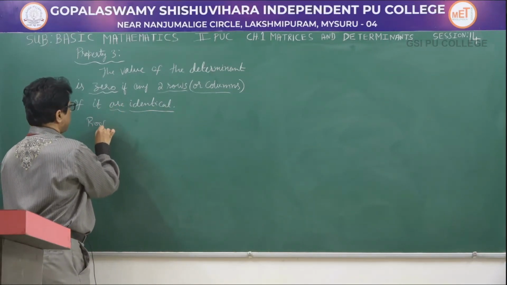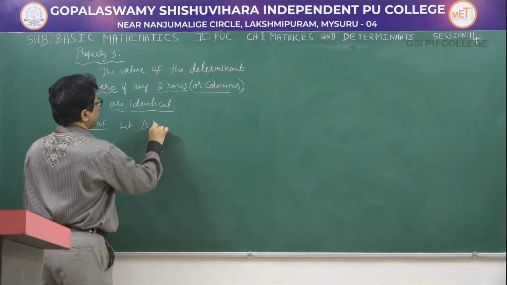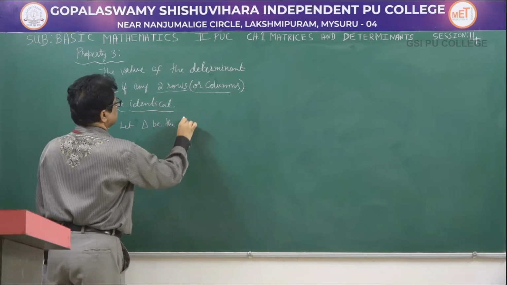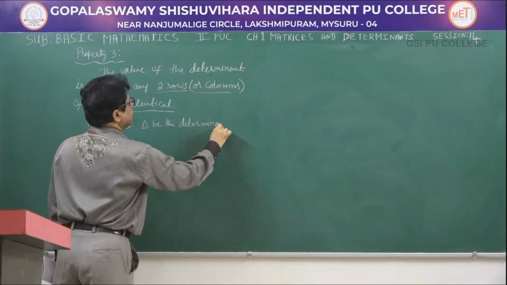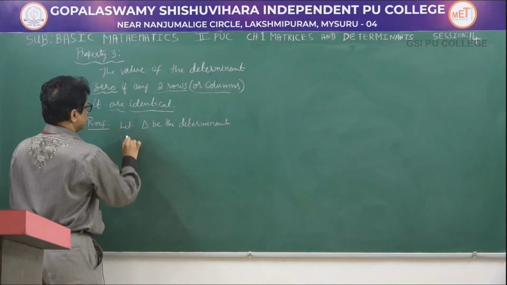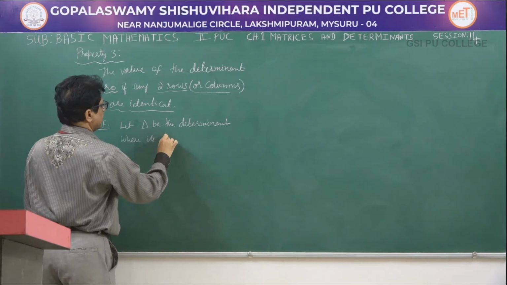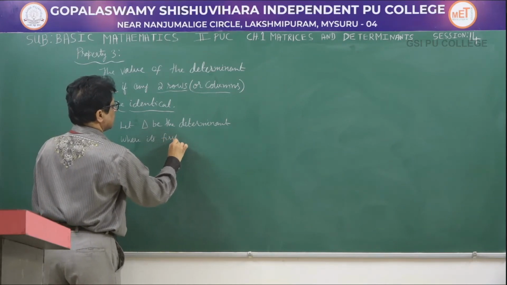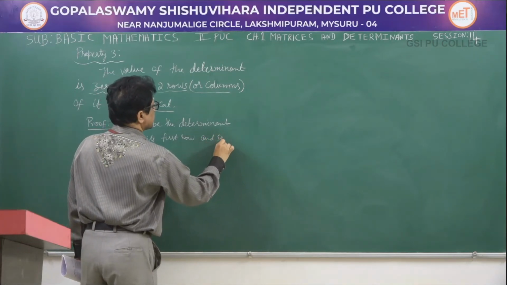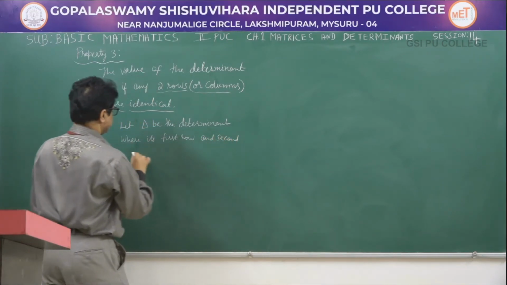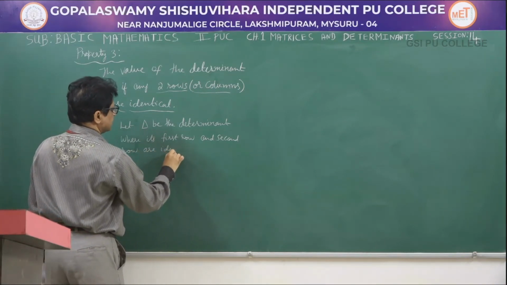Proof. Let delta be the determinant where its first row and second row are identical.